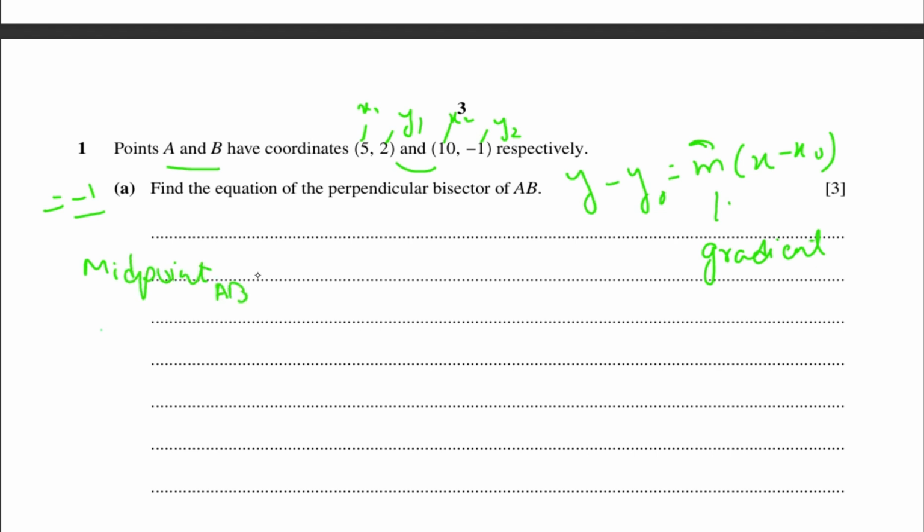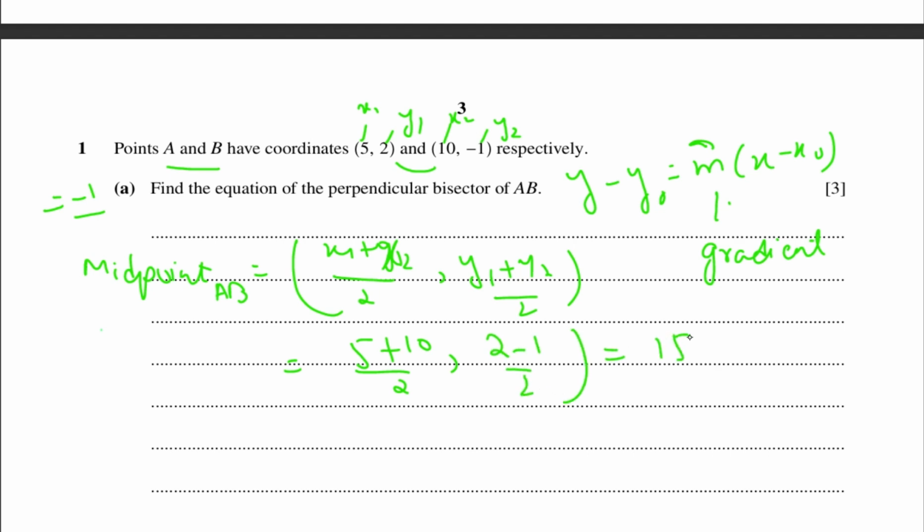the midpoint of AB, and that will be equal to (x1 plus x2) over 2, (y1 plus y2) over 2. So we will have (5 plus 10) divided by 2, (2 minus 1) divided by 2. So it will be 15 over 2, 1 over 2.